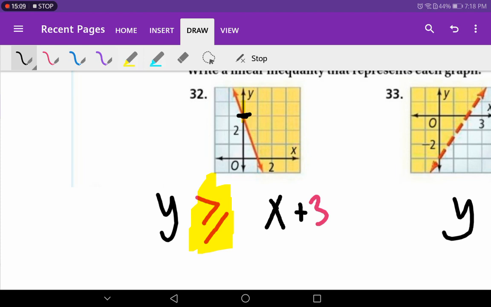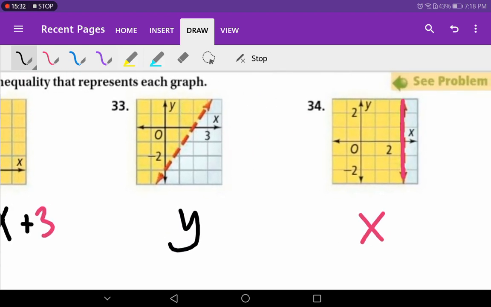Now, I have to move down 1, 2, 3. Okay. So, negative 3 over 1. So, it is negative 3. So, the answer is y greater than or equal to negative 3x plus 3.